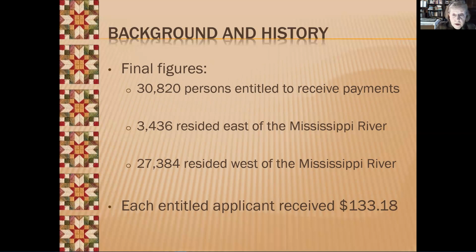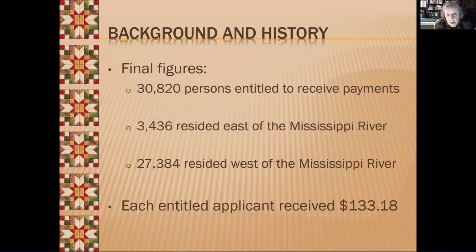And again, because you did not have to live in Indian Territory for this, there were 3,400 people that lived east of the Mississippi that were approved. But the majority of them, of course, were living west in Indian Territory, 27,000.